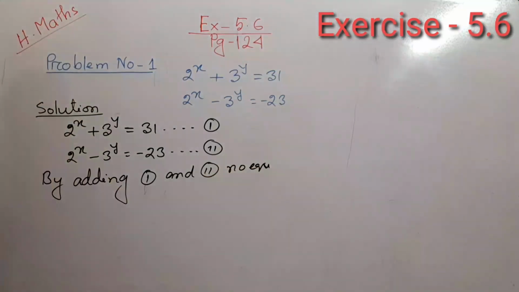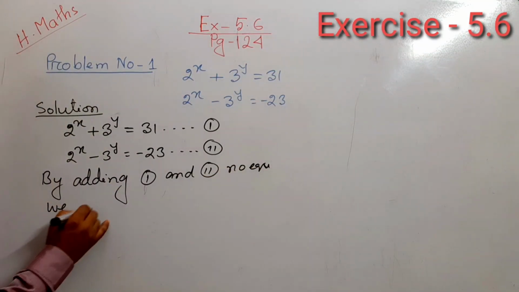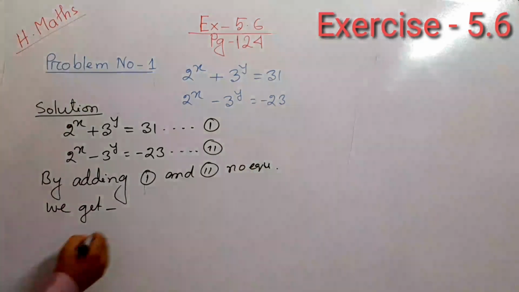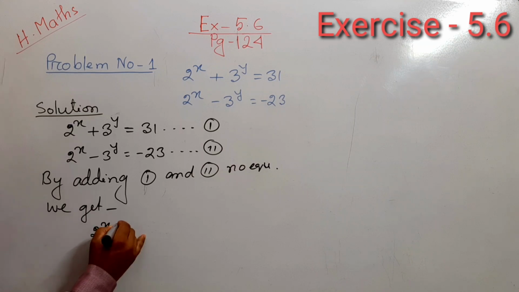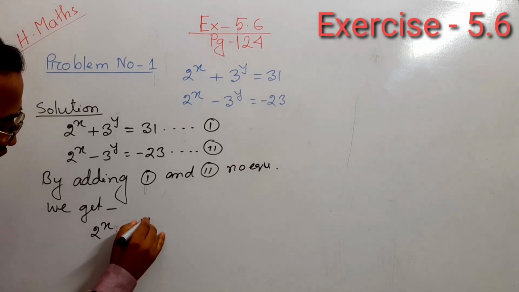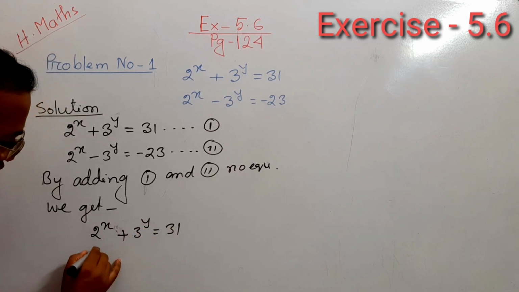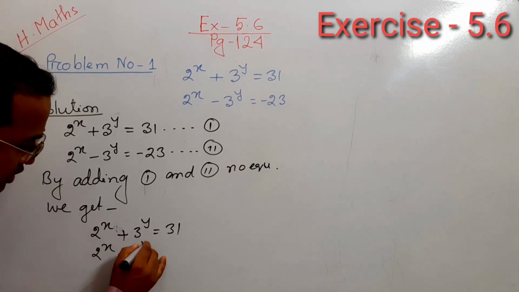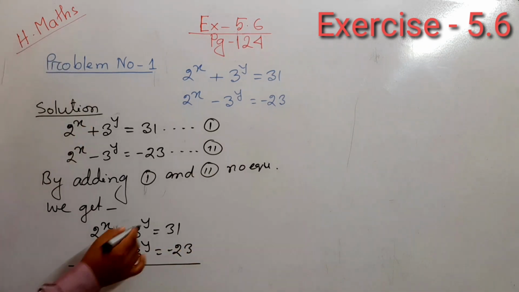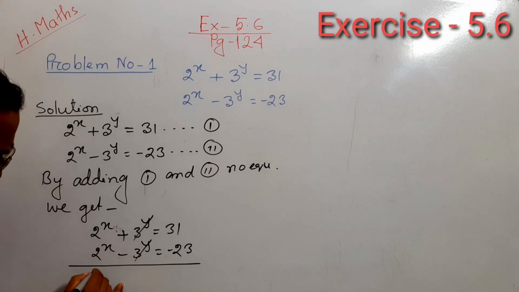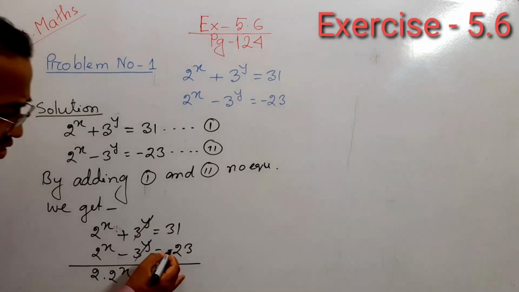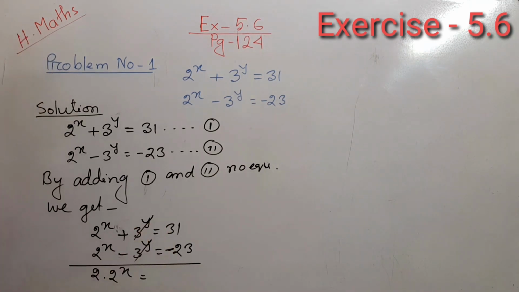What do we get? 2 to the power x plus 3 to the power y equals 31, and 2 to the power x minus 3 to the power y equals minus 23. So if you add, these two will be cancelled. This is 2 into 2 to the power x, and if you add, look, this is a subtraction, ultimately it will be subtract.